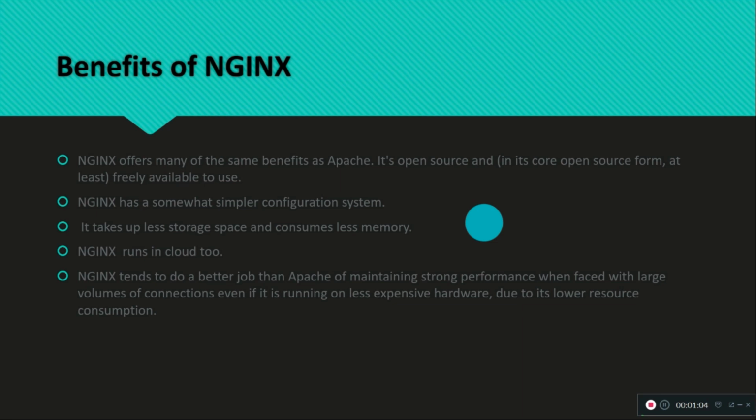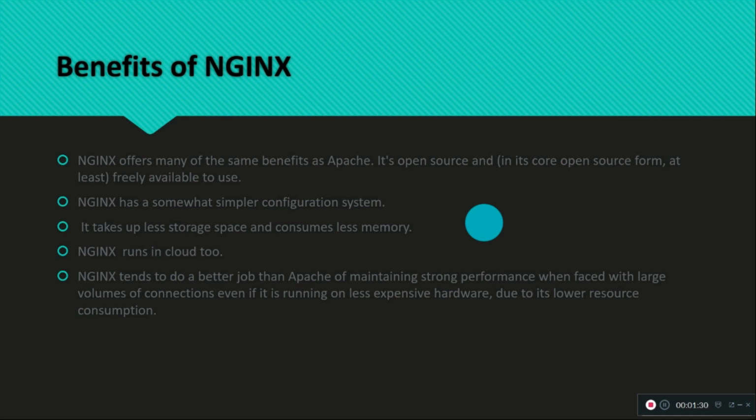And Nginx has a somewhat similar configuration system to Apache, but the difference is that the configuration is very simple in Nginx, and a major advantage of Nginx is it takes less storage space and consumes less memory.